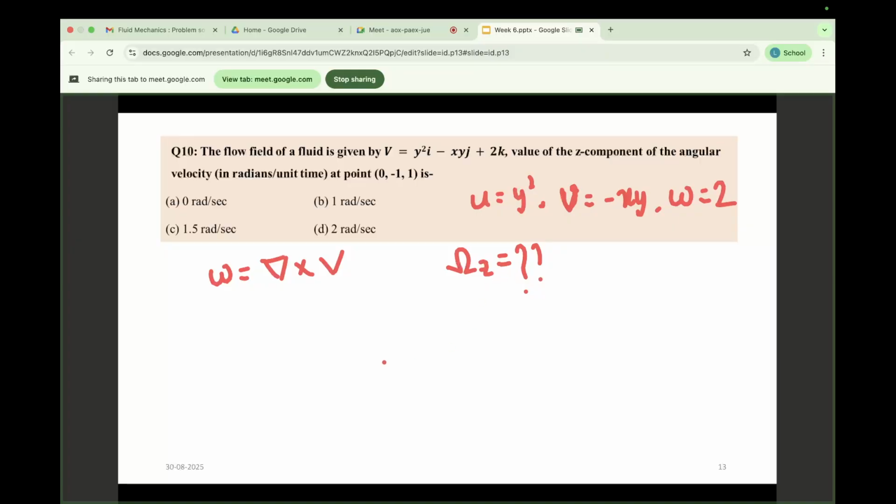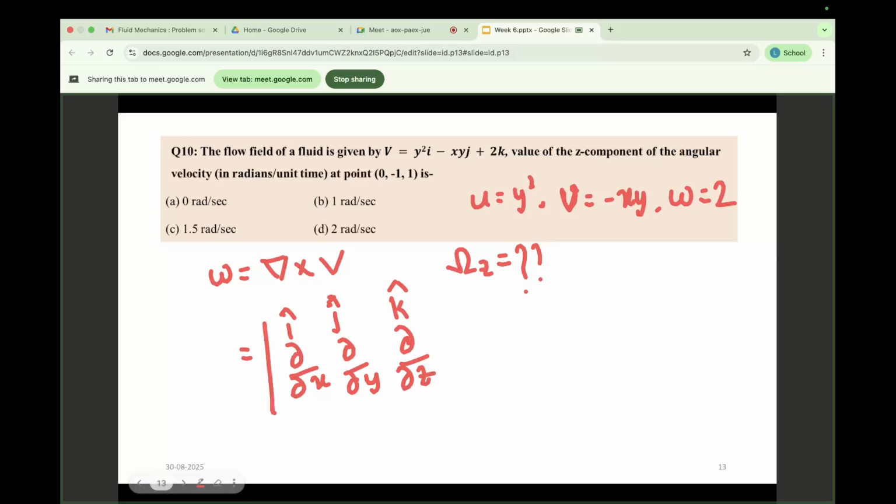So for angular velocity, as I have already elaborated in the earlier one, I can write, since it's a curl vector, I j k, and this is d/dx, d/dy, d/dz, right? So what is the velocity given here? It's y square, minus xy, 2.